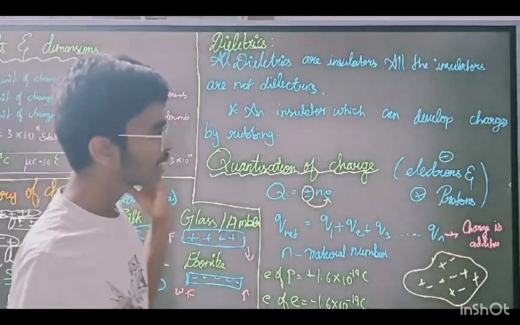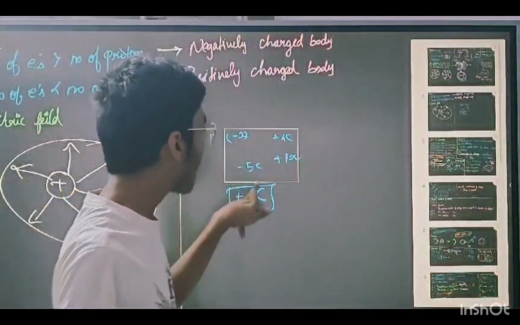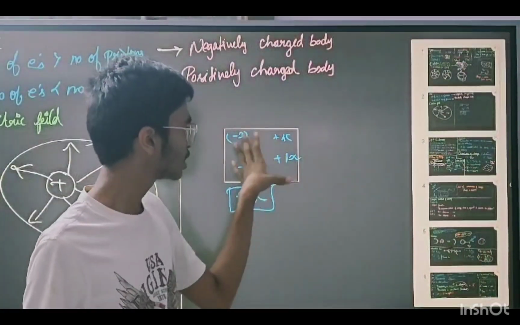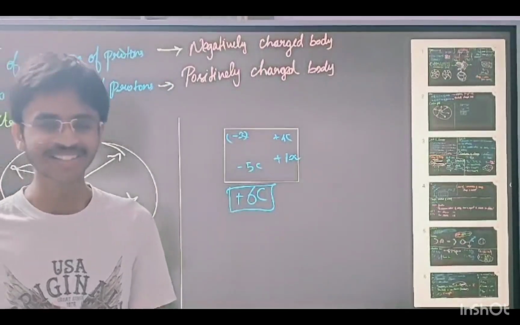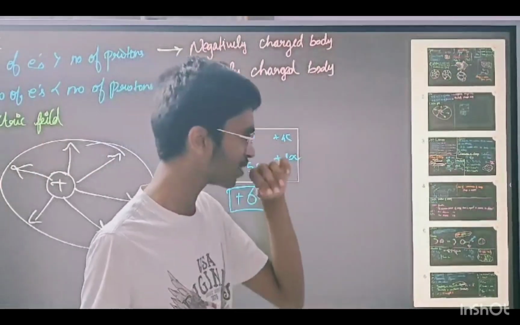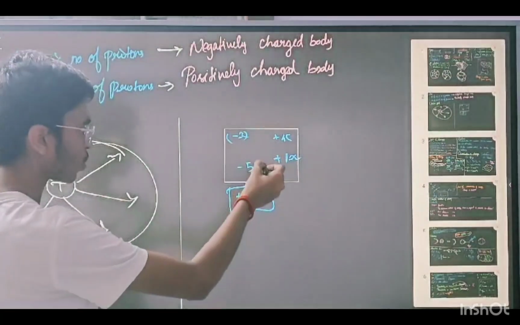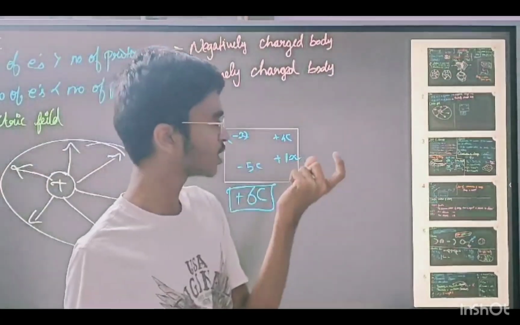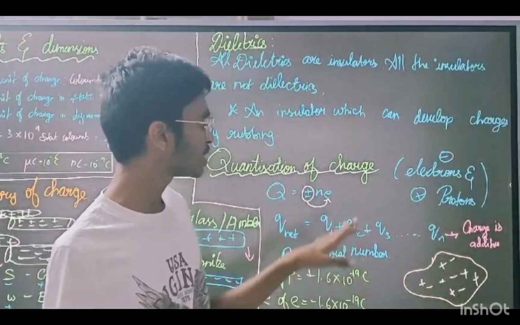And also I have said that charge is additive already. We have seen one numerical here now. So I have just added these charges which are in this body now. I have added all the charge which is in this body and I've got one particular resultant charge. That particular property is known as charge is additive.